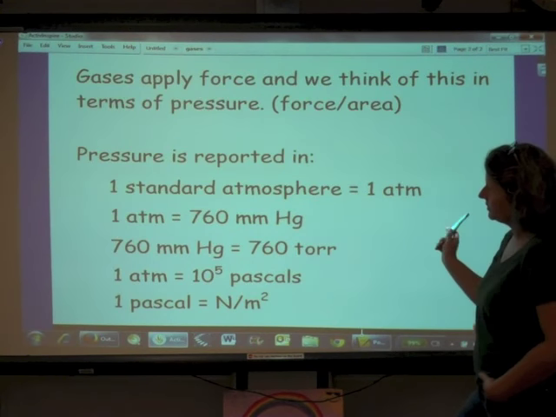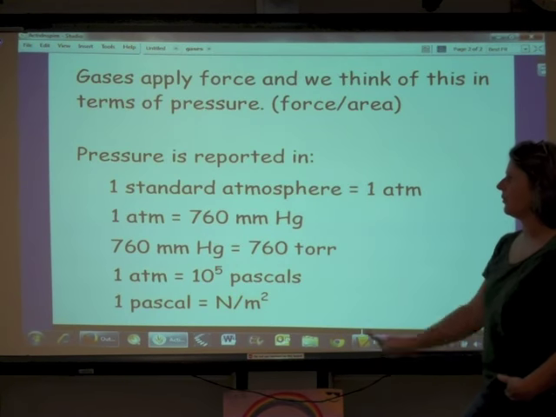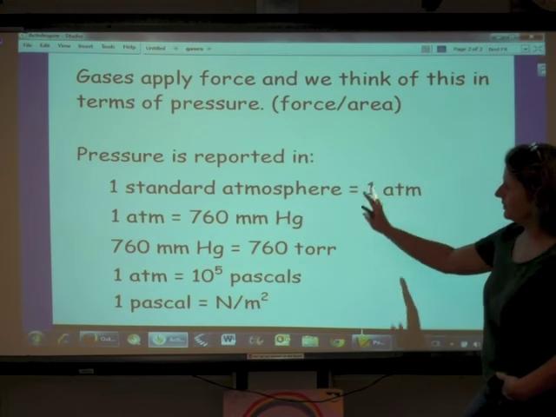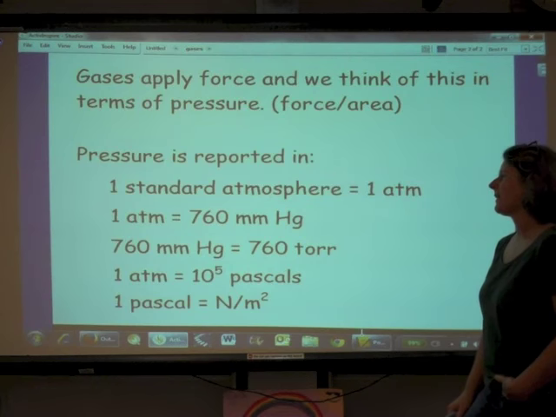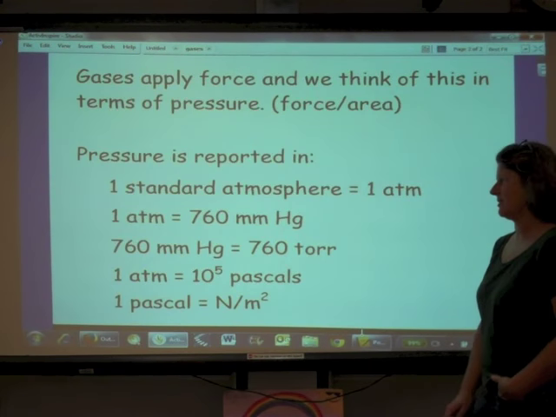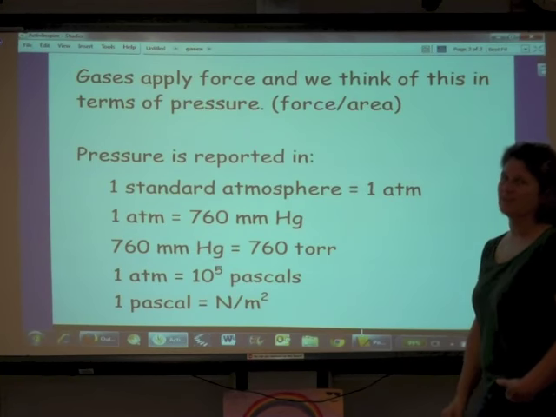All right, so we're going to spend some time converting back and forth between these units to become familiar with these units. And what we've neglected to say is, if you watch the weather at all, how is air pressure reported in terms of weather? It's inches of mercury.